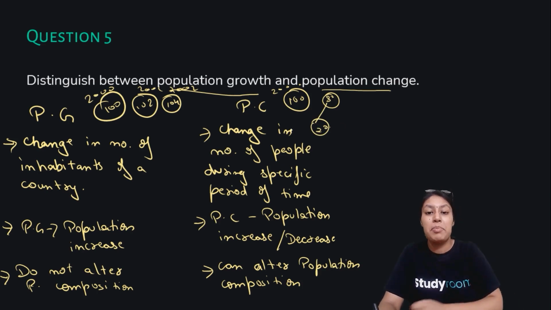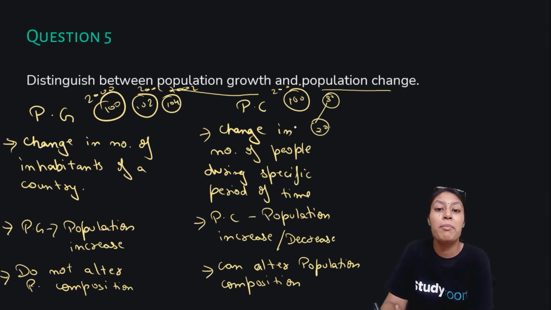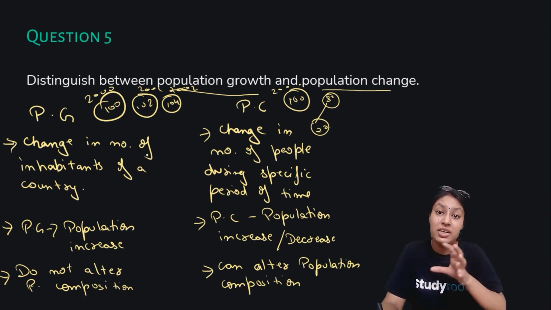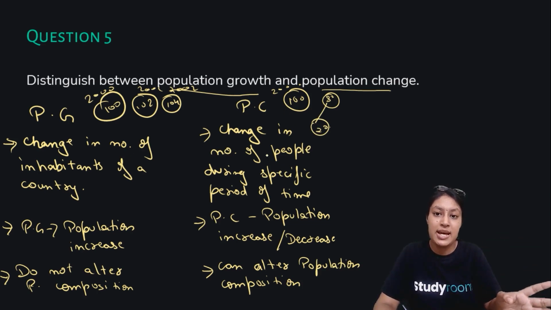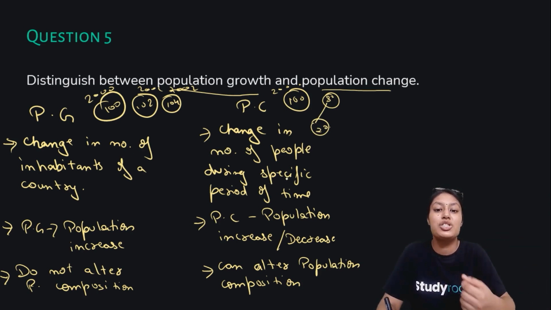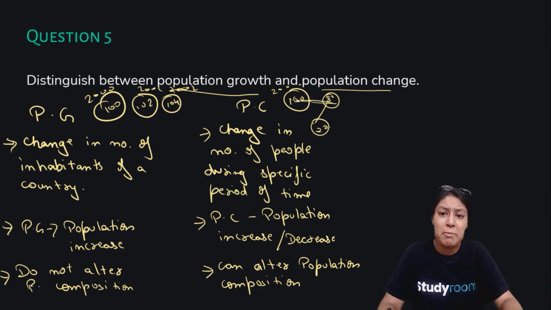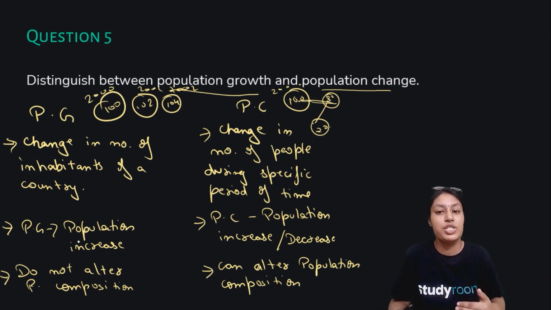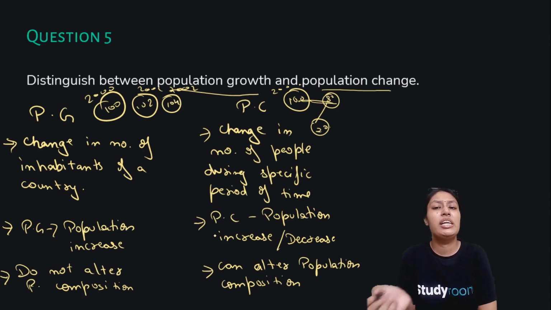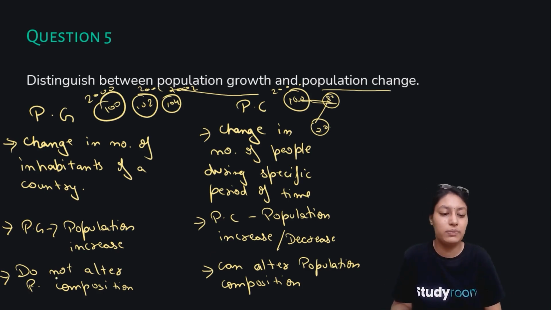So it's a change in number of people, but the difference is that it's for a specific period of time. They might go and they might come back, so there is no assurance of it. Whenever there is population growth, the population is always increasing. But in population change, the population can increase or decrease as well.